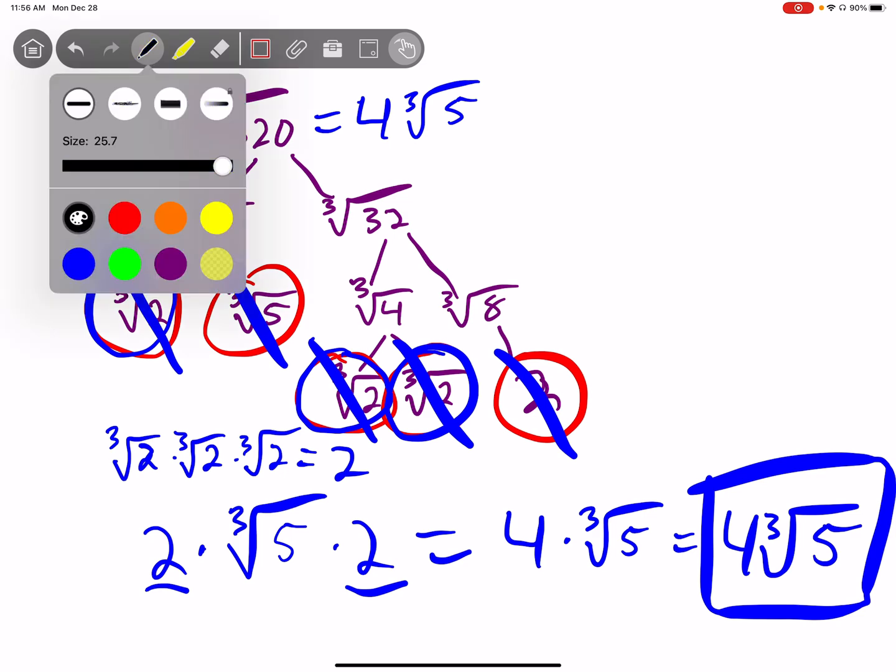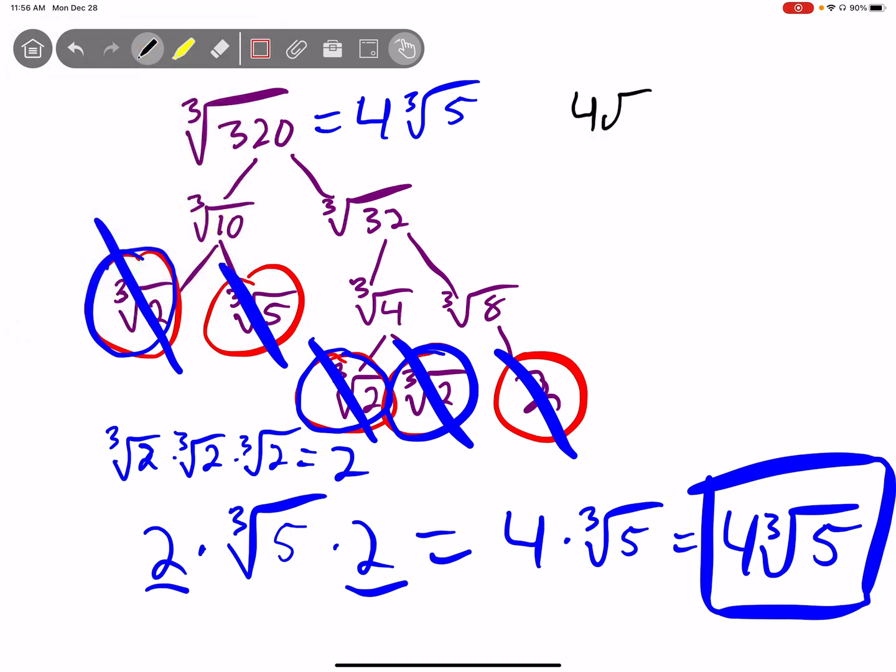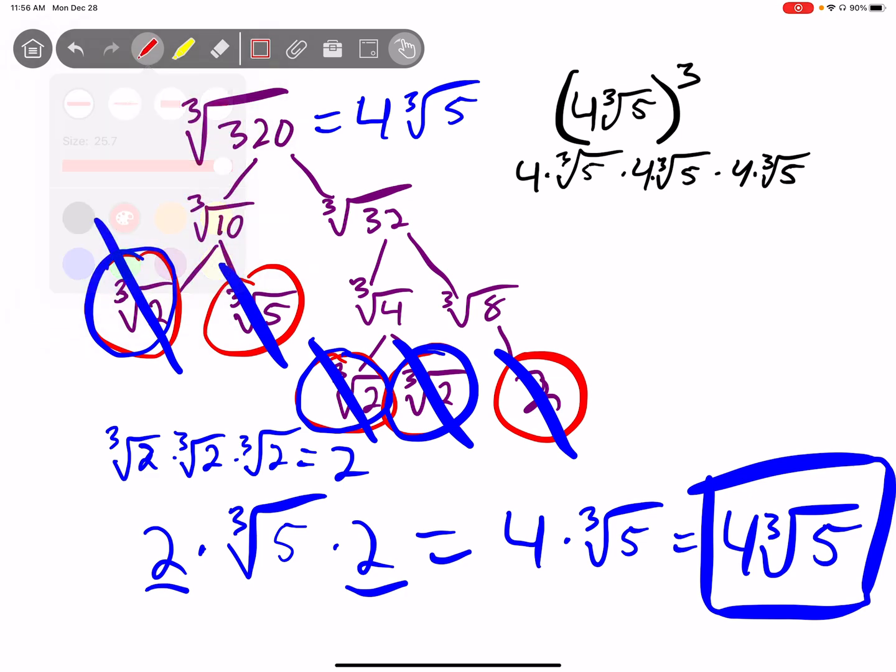I'm going to take 4 cube root 5 and I'm going to cube it, which means I'm going to take 4 times cube root 5 times 4 times cube root 5 times 4 times cube root 5. Now remember, it does not matter what order you multiply in. So the first thing I'm going to do is multiply my cube roots together.